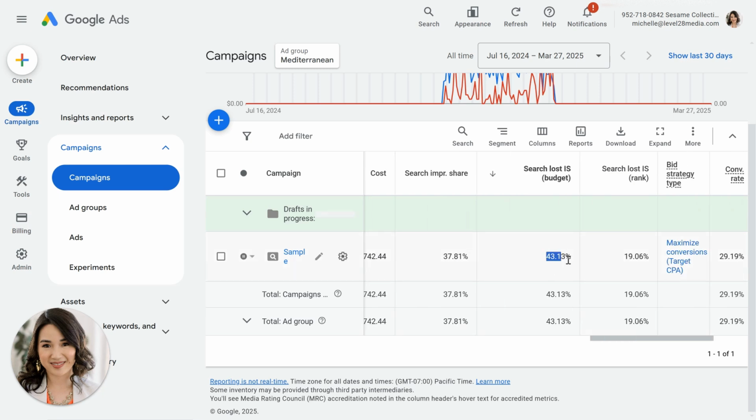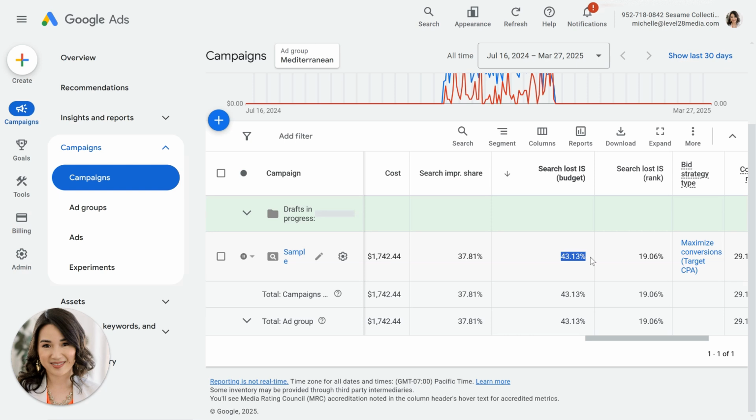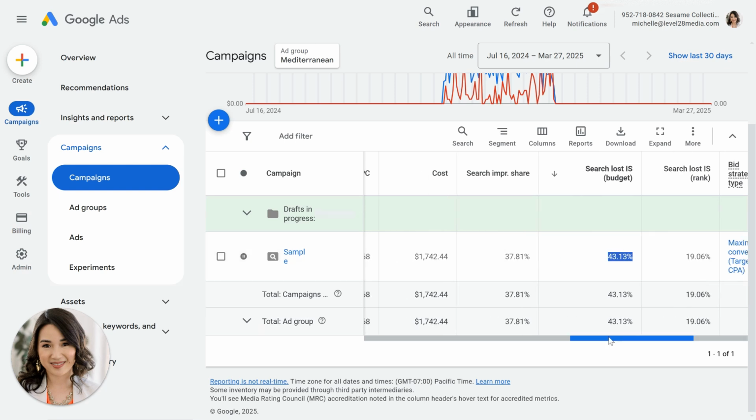So what this says is I'm losing out on about 43% of potential impressions because my budget's too low.